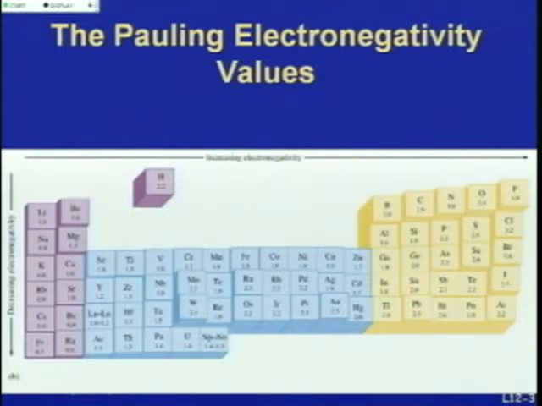What this expresses is essentially the ability of an atom in a molecule. So we have, let's see, a diatomic molecule. You have 2 partners here. And the ability of one atom compared to the other one to attract or give off that electron in the bond.